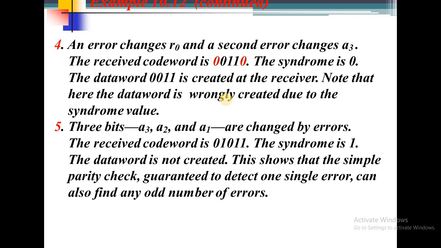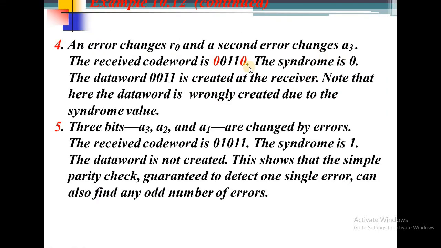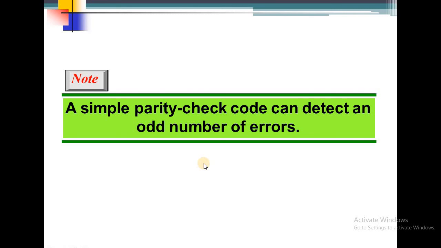Fourth case, an error changes R0 and A value. Here the R0 value is 0 and the A value is also changed to 0. Then also it's going to wrongly detect the data word, and in the fifth case also it is going to wrongly detect the code word.